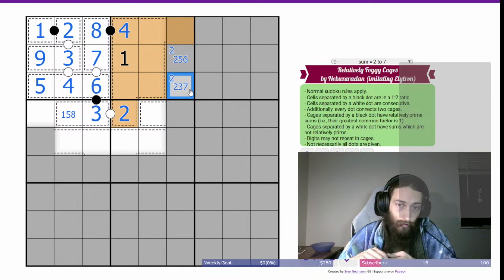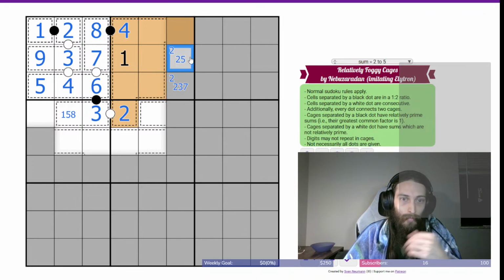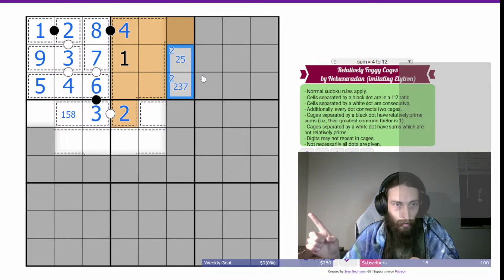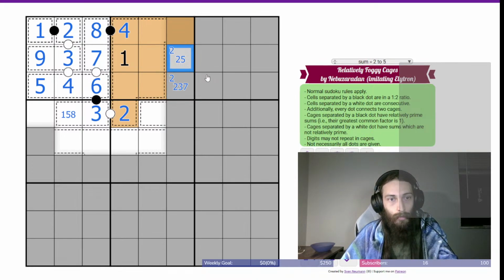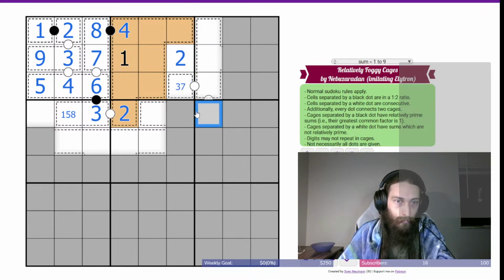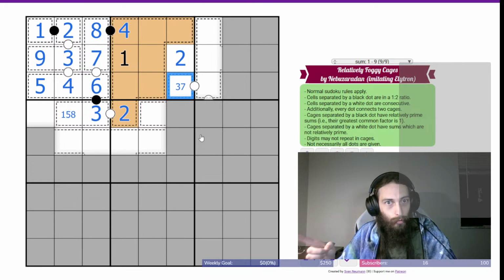45 minus 6 is 39, but that is clearly divisible by 3, so it's not the 6 that we're missing. 40 is divisible by 5, so this has to be a 2. So if the other was a 3, 42 is divisible by 3.